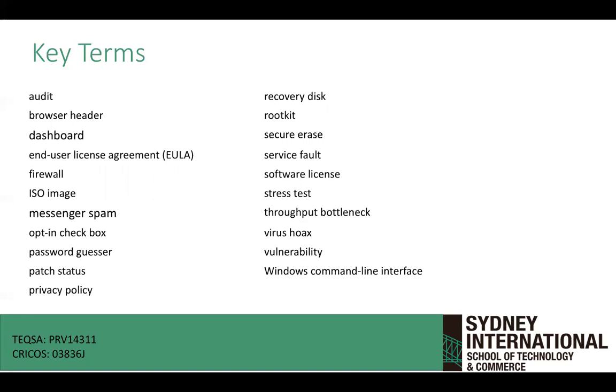So there are obviously various key terms here, and I recommend you have a search for them. Something like the bottleneck. A bottleneck is where something in the system is blocking my ability to achieve the required outcomes. For example, let's say I want a file to be transferred from Sydney to Adelaide in a very quick manner.